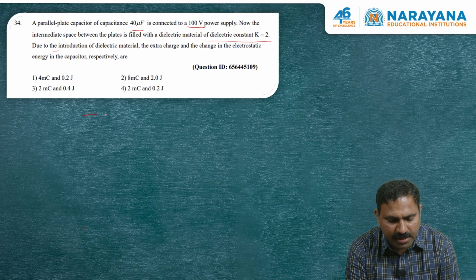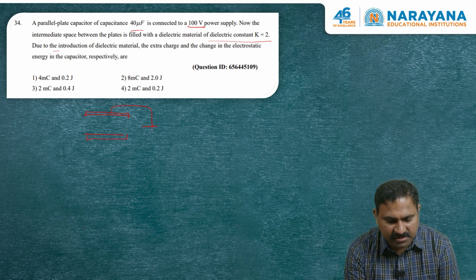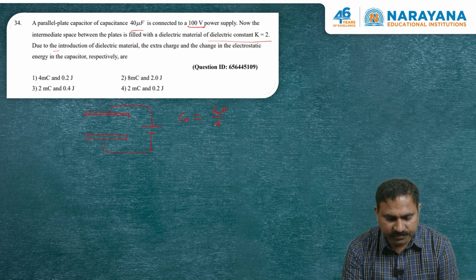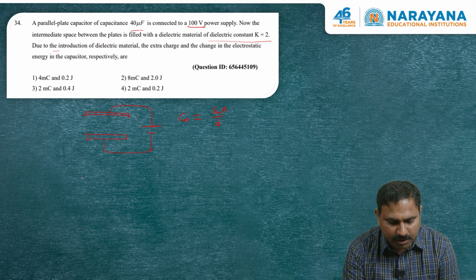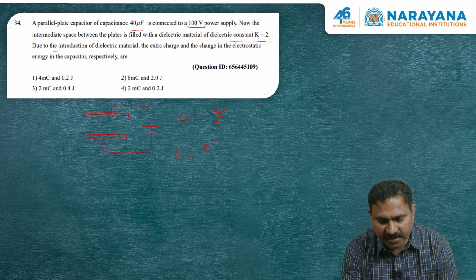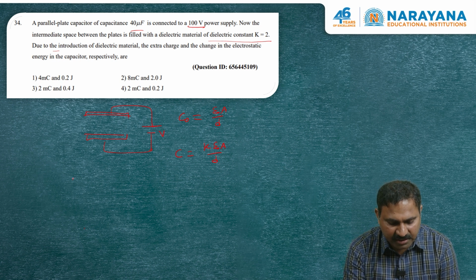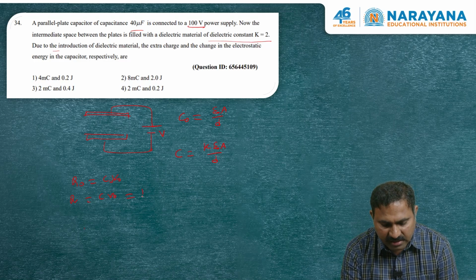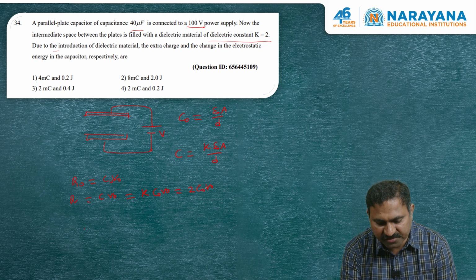Suppose when there is no dielectric, let us assume the capacitance of the capacitor to be C naught, which is epsilon naught A by D. When the dielectric material is introduced, the capacitance becomes K times epsilon naught A by D. Here the battery terminals are connected, so the initial charge Q naught equals C naught V naught, and the new charge Q equals K times C naught V naught, here K equals 2. So this is 2 times C naught V naught.